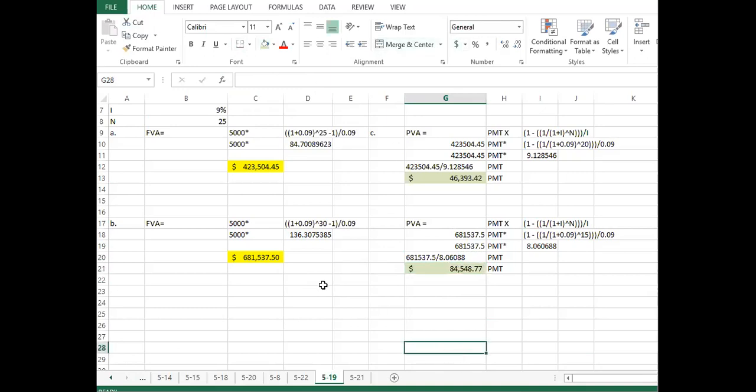Yes, class. The payment will be 84,548 if she retires at the age of 70, or if she retires at the age of 65, then the payment will be 46,393, because we have different present values in both cases. Here it is the present value and here it is the present value.